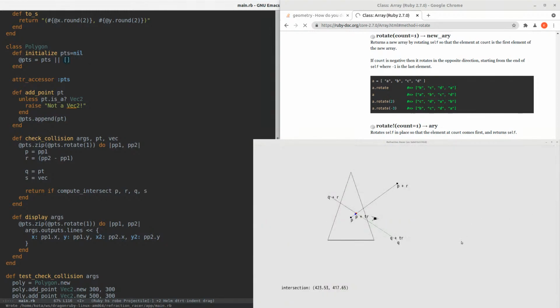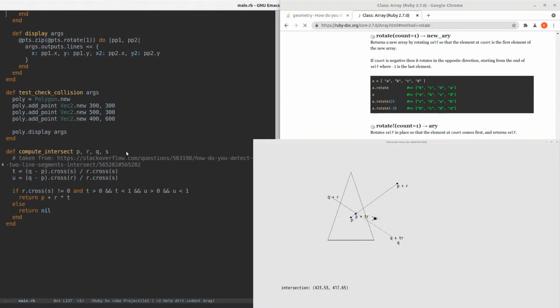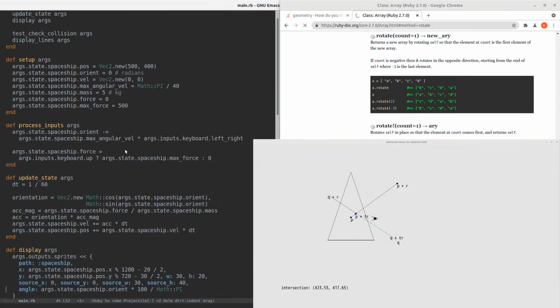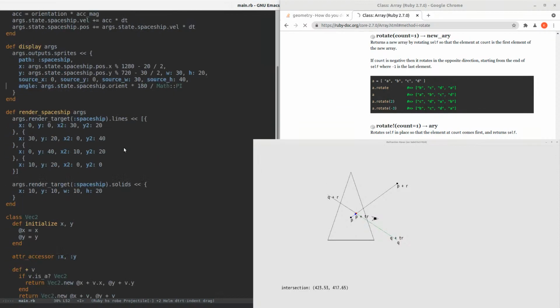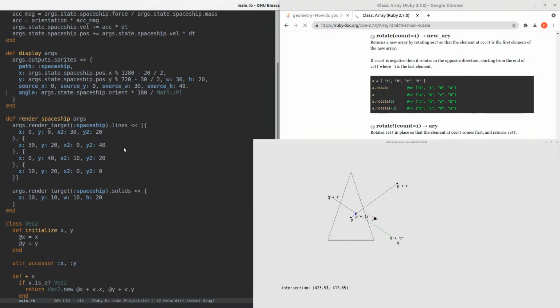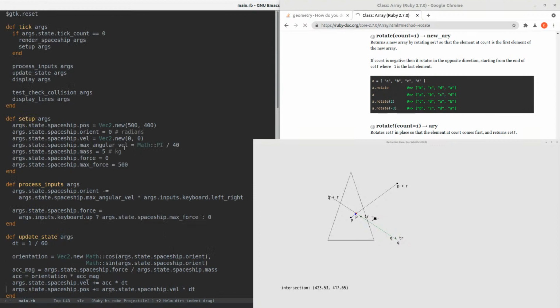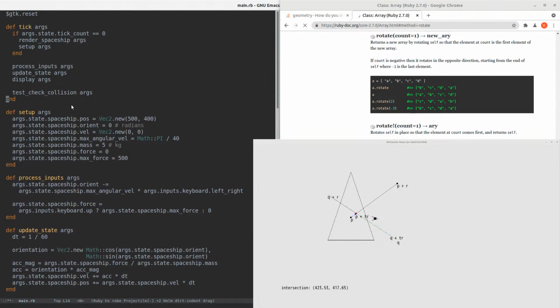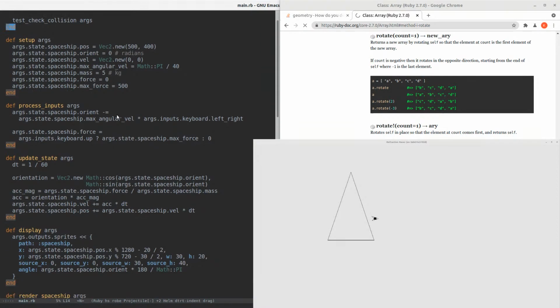Okay. Yeah, okay, so there's our little polygon. And then we'll just try to compute the collision with this P here. I thought we got rid of this rendering. Oh. Because... Yep, it's no longer nil. We should be okay.